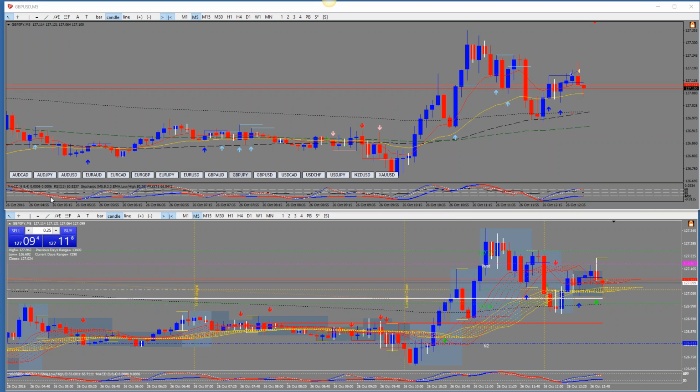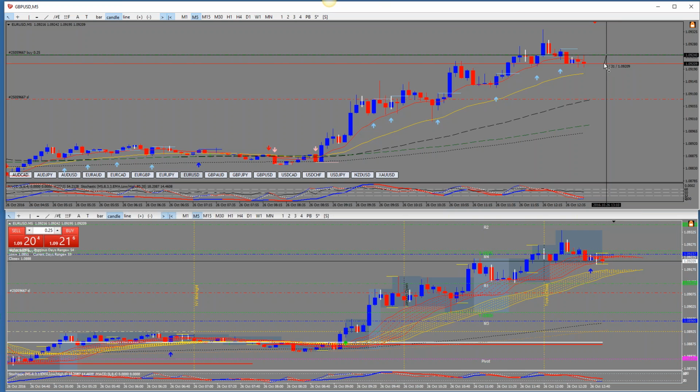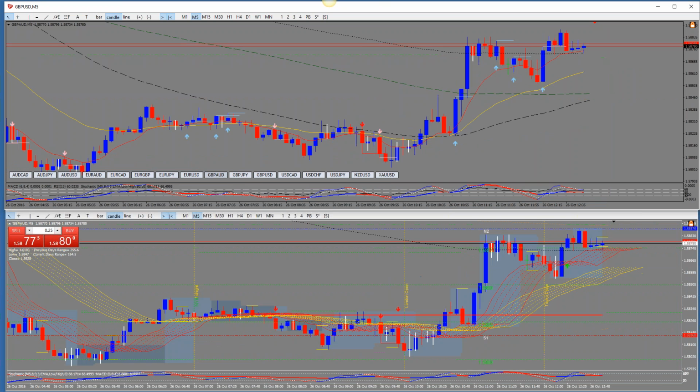Let's go look at the euro dollar. Euro dollar's down about 8 pips on me at the moment. Actually 4 pips. Euro Aussie is just breaking even.